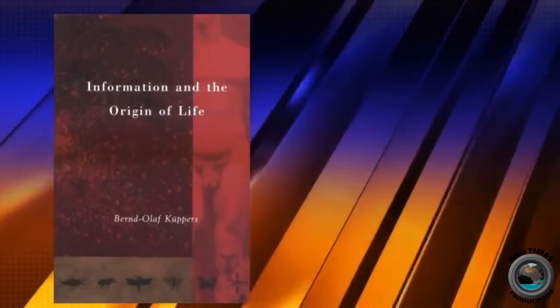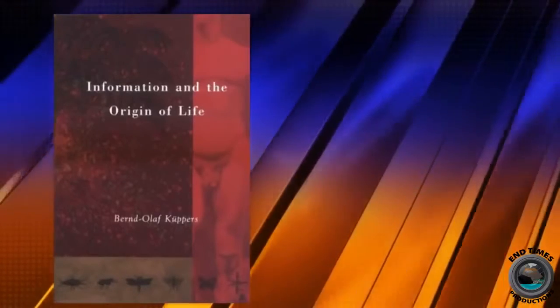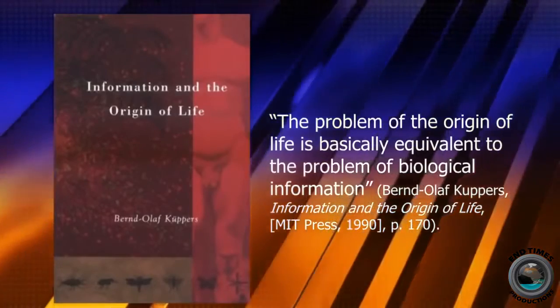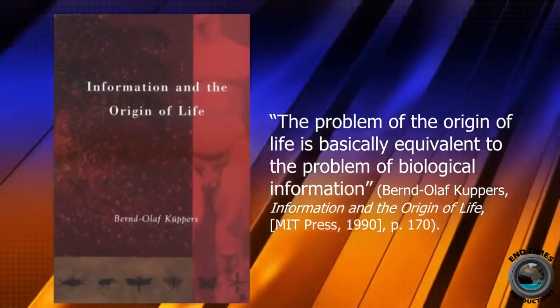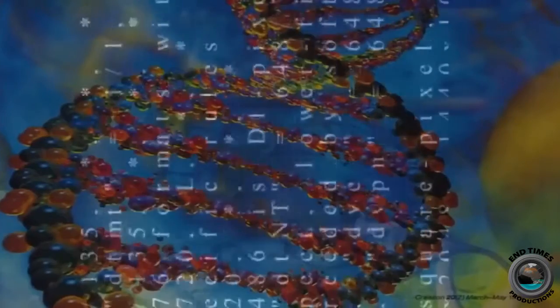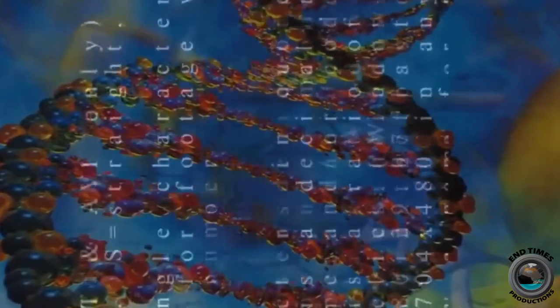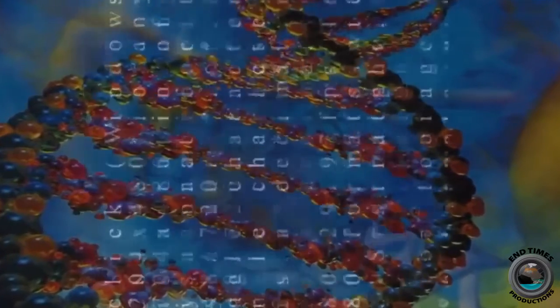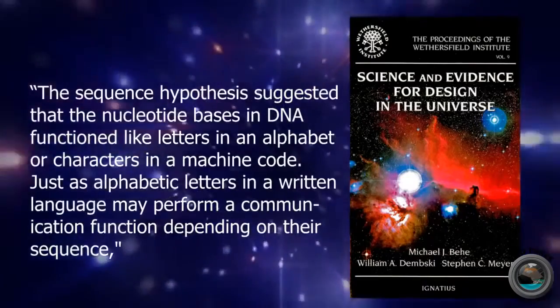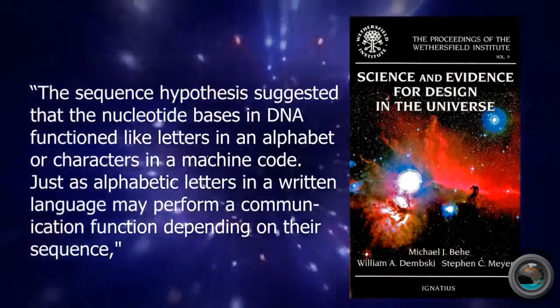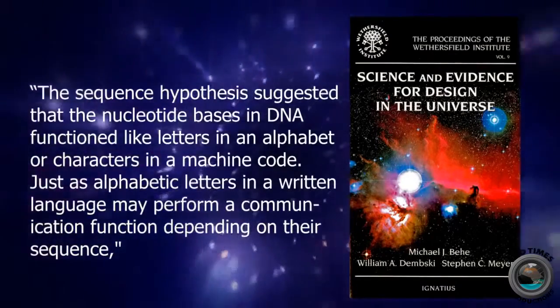German origin of life researcher Bernd Olaf Kuppers observed, "The problem of the origin of life is basically equivalent to the problem of biological information." In regards to the nature of the cell's complexity and information, Stephen Meyer elaborates on Francis Crick's sequence hypothesis. The sequence hypothesis suggests that the nucleotide bases in DNA functioned like letters in an alphabet or characters in a machine code.